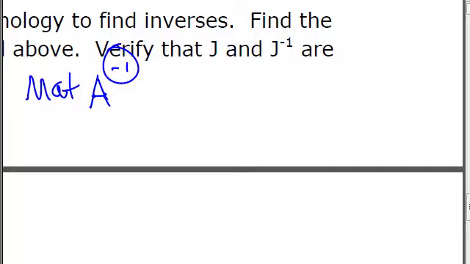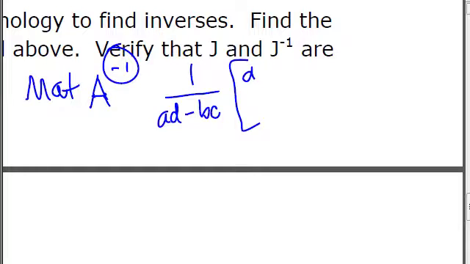And so you would use this formula: 1 over your determinant times whatever the A was is now going to be D, whatever your B was times -1, whatever your C was times -1, and whatever your A was is going to switch places with the D.